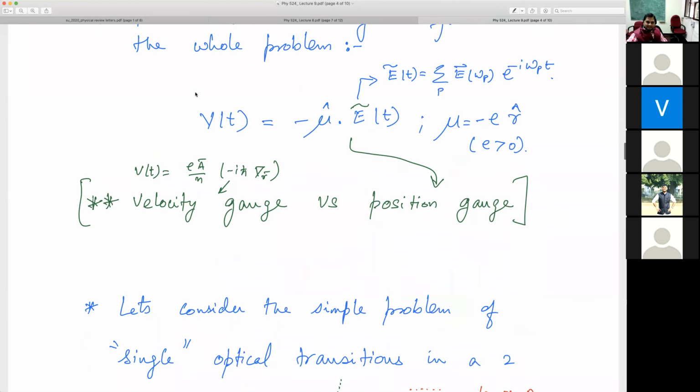And this way of treating light matter interaction is called the position gauge. This is also used a lot in the literature, and in fact the whole of Boyd's book will use this framework. Both are equally valid. Both will give you physically consistent answers, which are identical to each other. They are different methods, but they all give you the same answer.